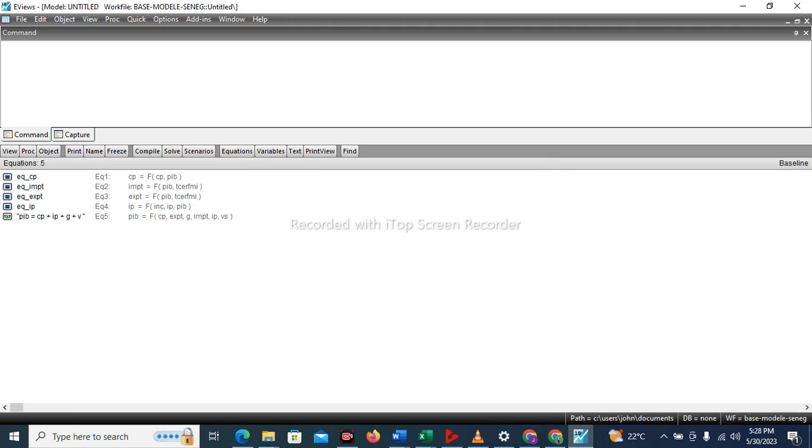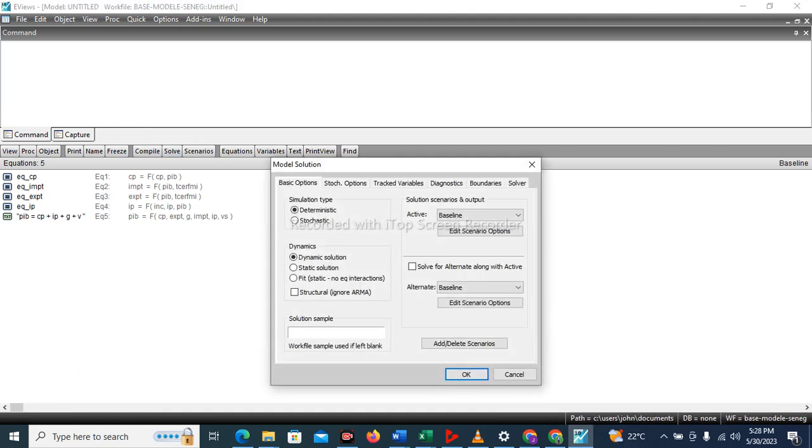Once you have all the 5 equations, you can now solve the model. Just click solve, then you decide. For this case, we are going to use the deterministic simulation type and a dynamic solution. You can also have the other, stochastic and static.